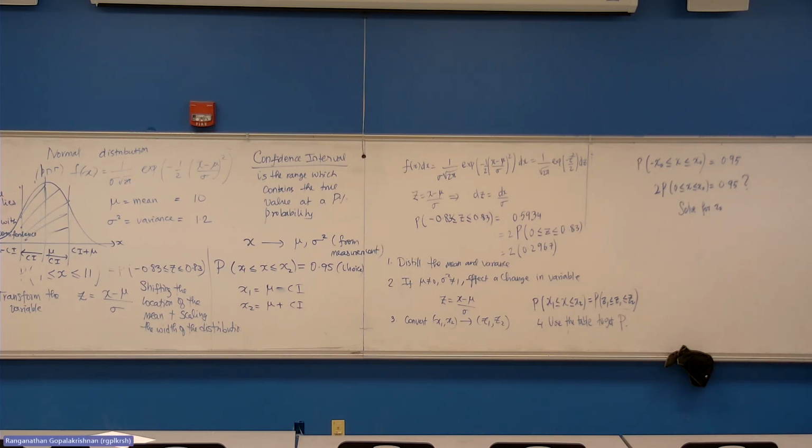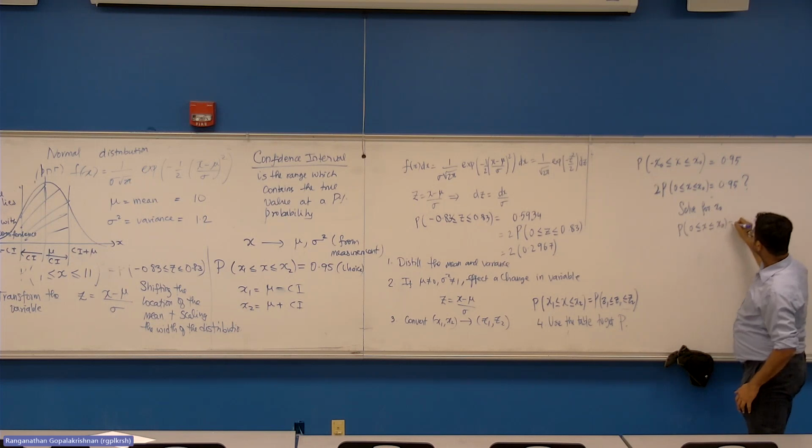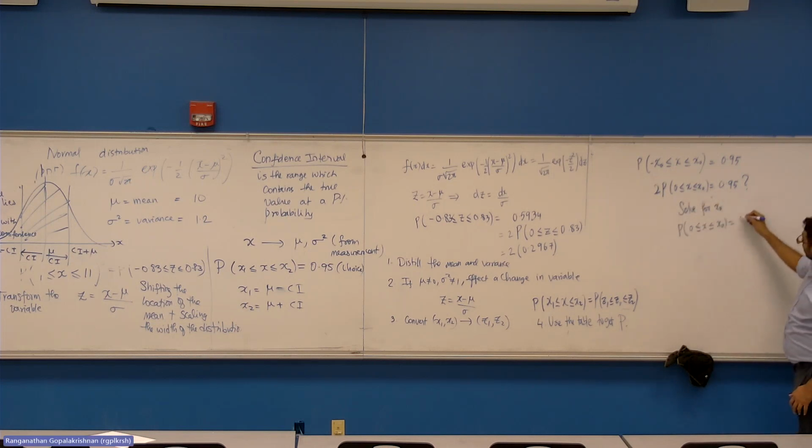Just look up through your table and see which gets you a value that is closest to 0.95 with 2 decimal places. So this is 2 times the probability of 0 less than x less than x naught, or 0.95 divided by 2, 0.475. What is 0.475?